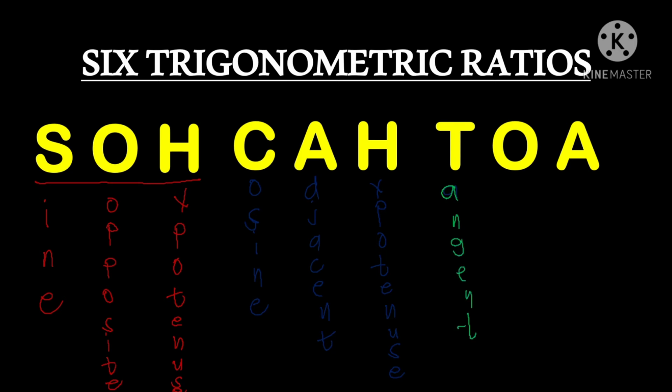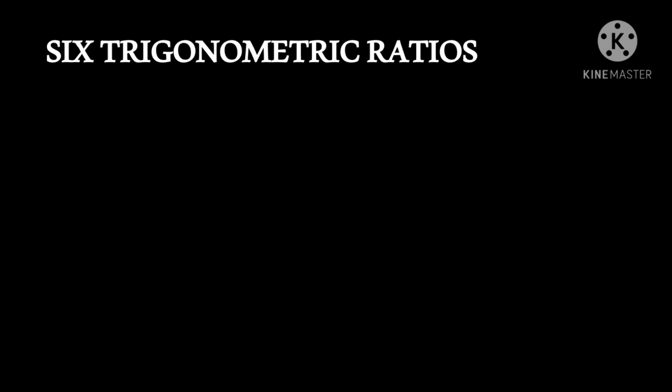Then O for opposite again, and then A for adjacent. So, tandaan nyo tong SOH CAH TOA. Ibig sabihin, sin theta is equal to opposite over hypotenuse.